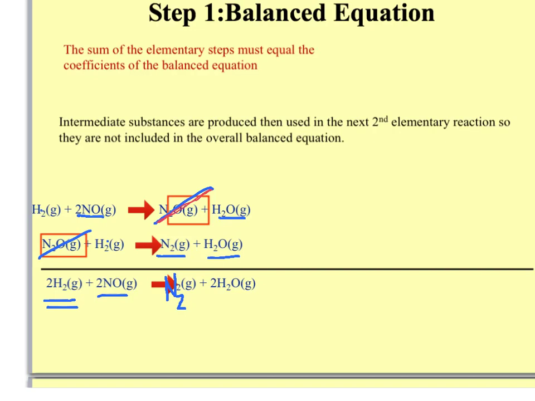That's my first intermediate product, and that product is used as a reactant for the second step, so we can cancel those out. Nothing else can cancel, so I end up with an overall equation of 2H2 plus 2NO forms N2 plus 2H2O. So I'm going to go back and double check with my original balanced equation to see if it matches up. And if it does, we have met our first requirement.